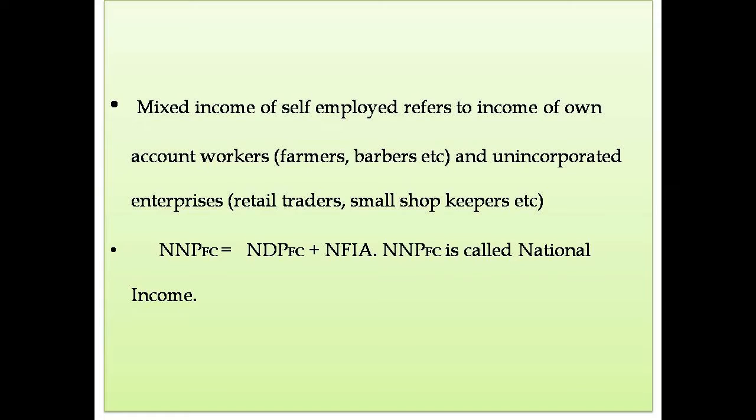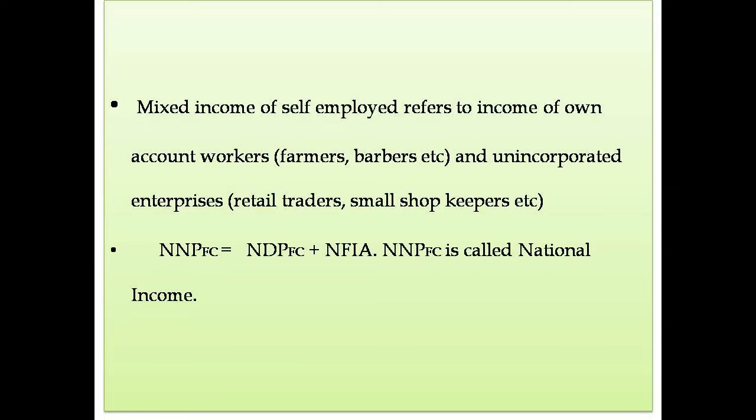Next one is mixed income of self-employed people. When you say mixed income of self-employed people, you refer to the income of own-account workers like farmers, barbers, etc. And unincorporated enterprises like retail traders, small shopkeepers, etc. They don't maintain proper records, so we will not have exact information about their income.